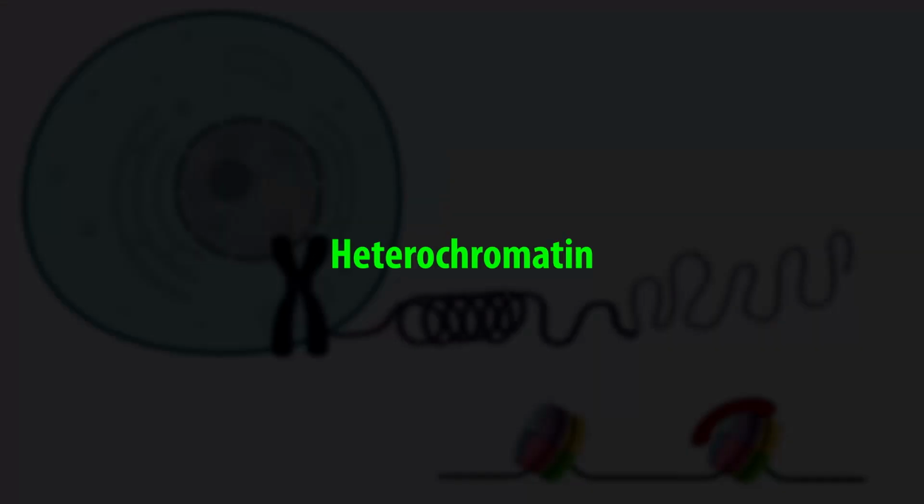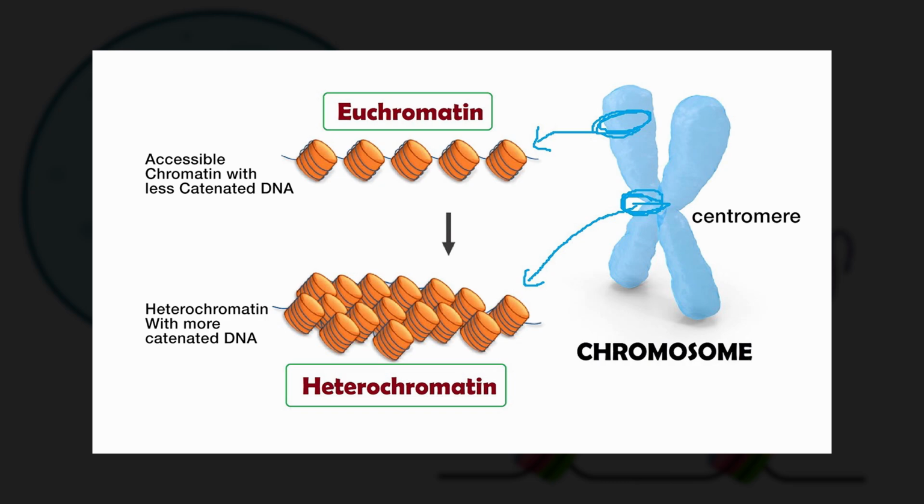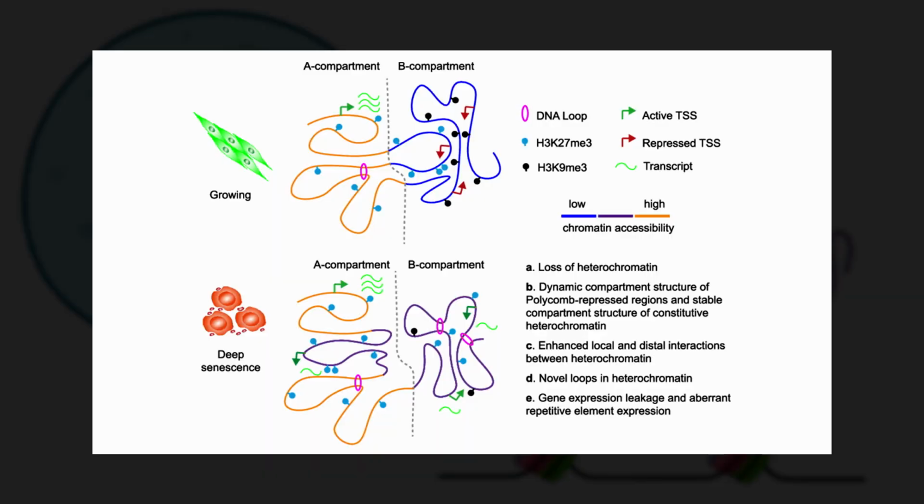Next is the heterochromatin. Heterochromatin is densely packed and generally transcriptionally silent, containing repetitive DNA sequences like centromeres and telomeres. It is marked by repressive modifications including H3K9me3 associated with silenced heterochromatin and H3K27me3 associated with Polycomb-mediated repression, and associated with proteins like heterochromatin protein 1, which is the HP1.